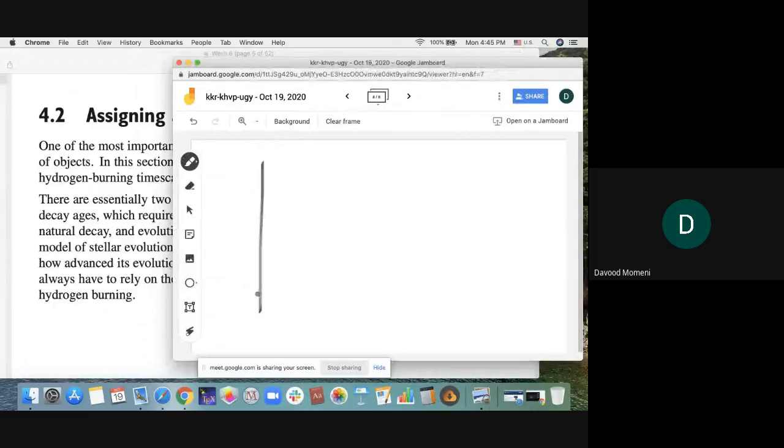So this is the Hertzsprung-Russell diagram. It's not the best, it's not exact, but here we have luminosity, and here we have temperature, as you remember.